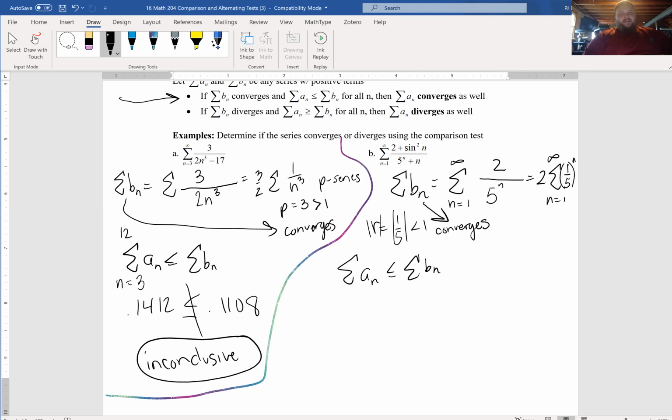So in this case, that's kind of hard because sine squared is going to be moving between 0 and 1. So the numerator could be anywhere between 3 and 2. And the denominator, right, 5 to the n plus n, that's obviously going to be bigger than just 5 to the n.